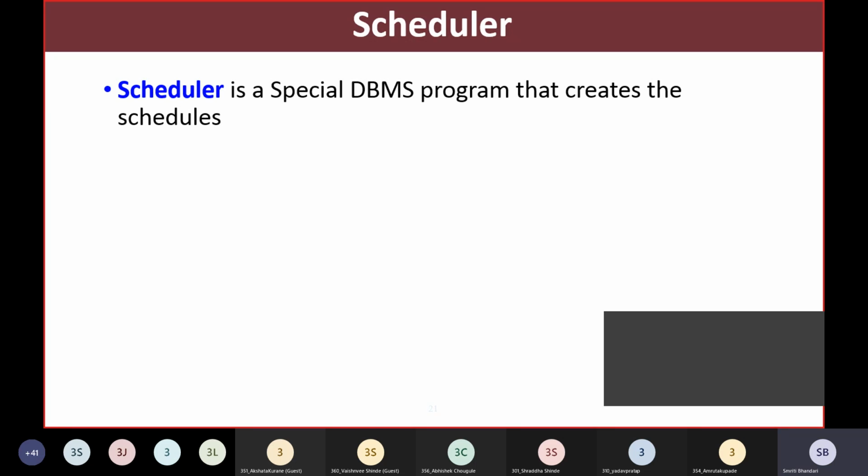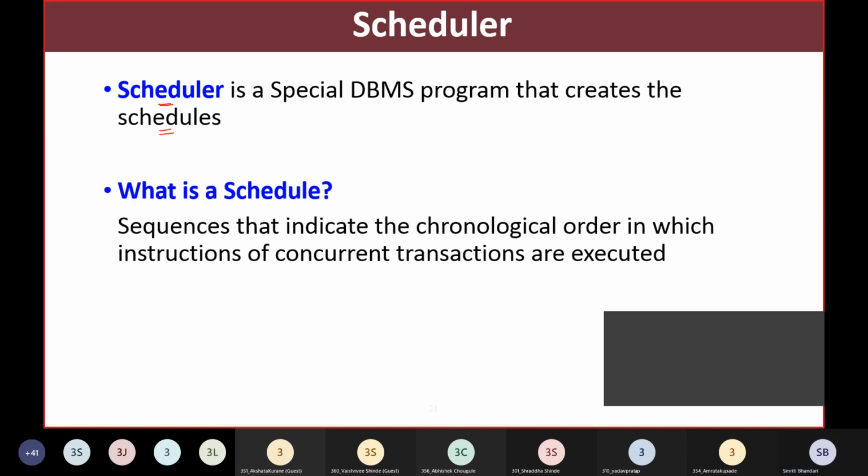The database management systems have a special program, and that is known as a scheduler. So what is the role of the scheduler? The role of the scheduler is to create the schedules, right? So the scheduler is the special database system program that generates the schedules. So what do we mean by a schedule now? A schedule is a sequence of instructions.